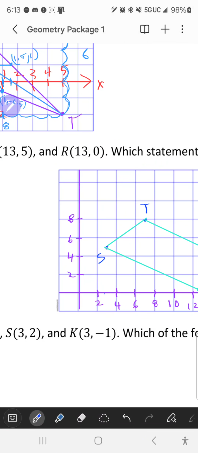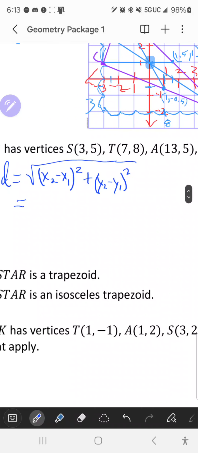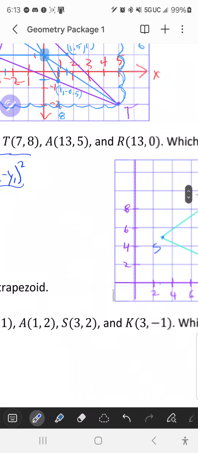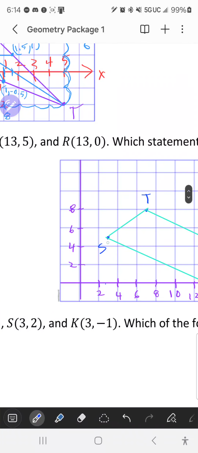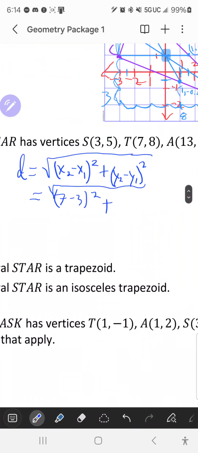ST will be 7 minus 3, squared, plus 8 minus 5, squared.